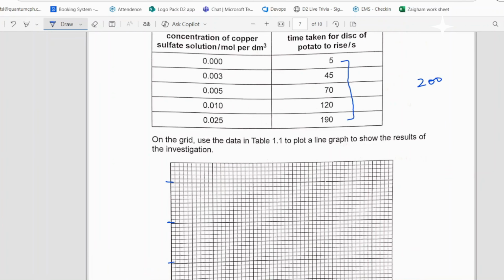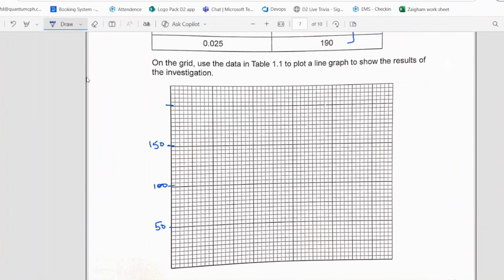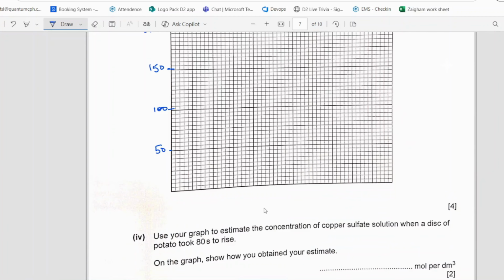Let's divide by 4, so it would be 50. Each big box would be of 50. This is how we determine the scale for the x-axis and y-axis. Keep in mind that on the x-axis we take the independent variable and on the y-axis we take the dependent variable.